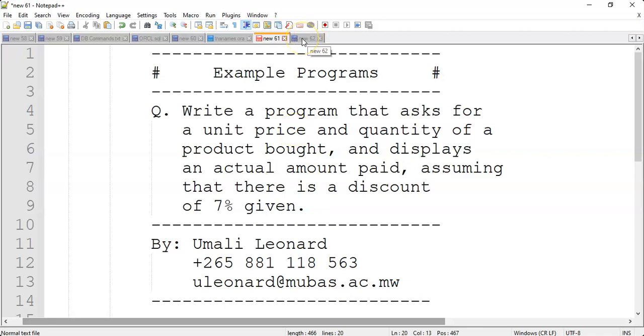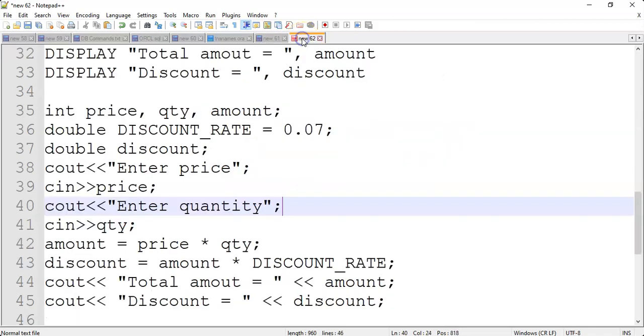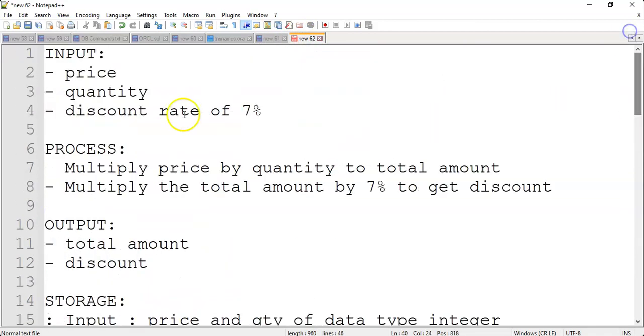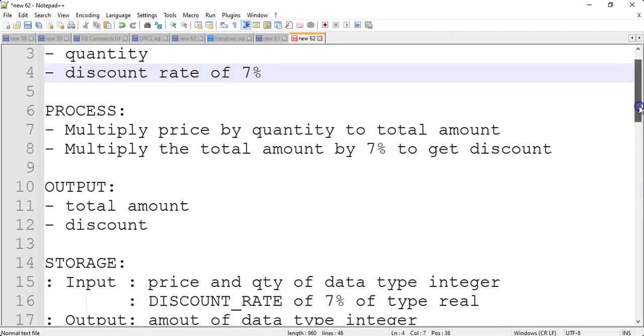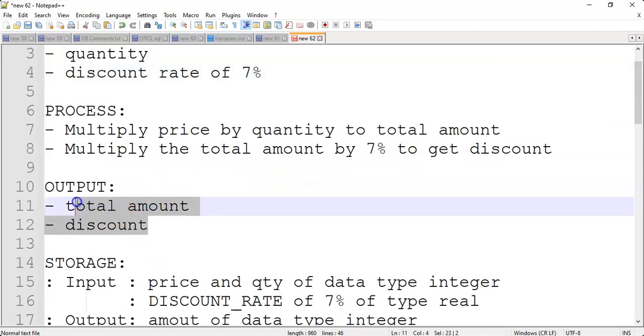We are going to modify the previous program. On the side of input, things will be as before. We still need unit price, we still need the quantity, we still need the discount rate of 7%, because these are things that have been given. But we are going to have a change on what we are displaying. We are not displaying two things.